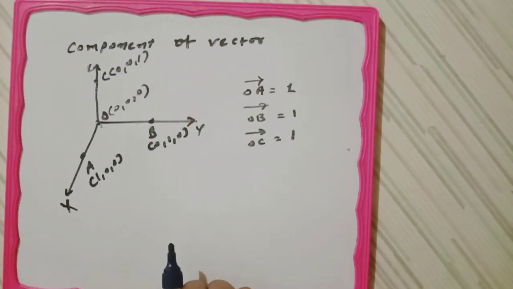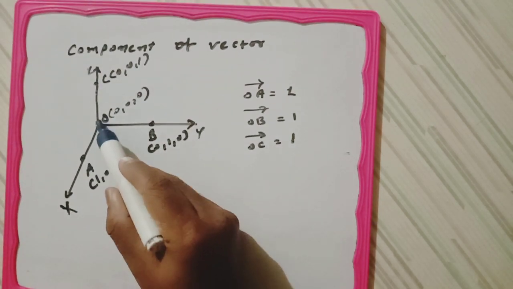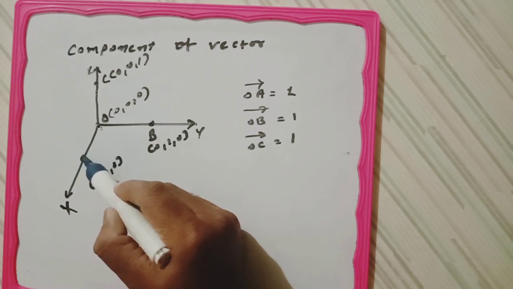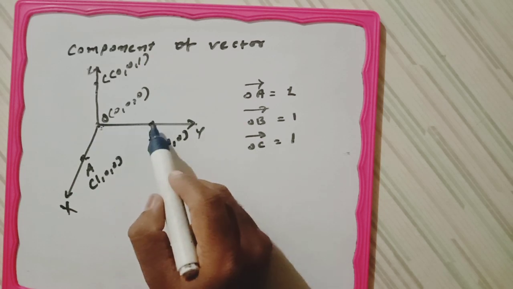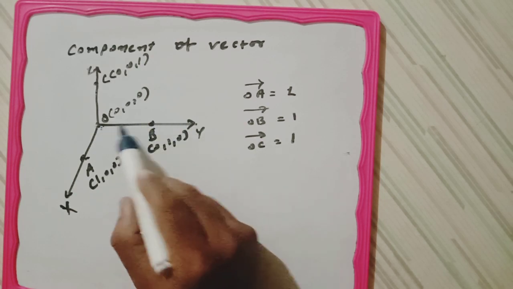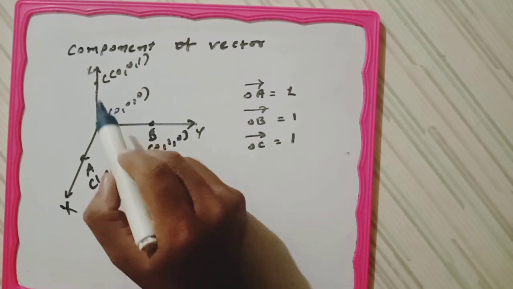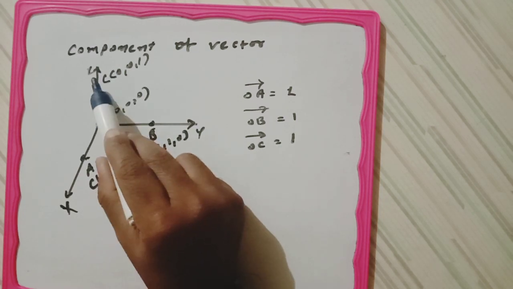On the OX axis, OA is one unit, so OA is the unit vector. On the OY axis, OB is one unit, so OB is the unit vector, and on the OZ axis, OC is one unit, so it is the unit vector.